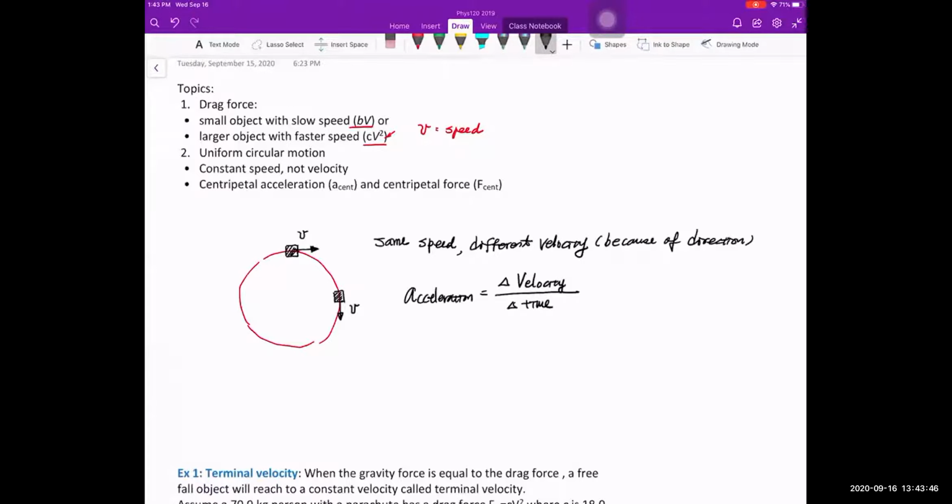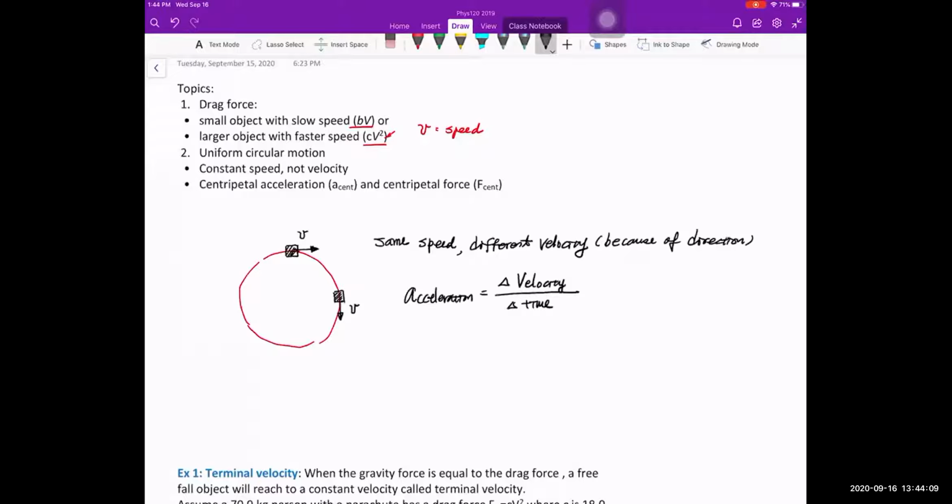So if you have a change of direction, you will create an acceleration. If you have a change of the speed, you will have acceleration as well. If you change both, you're certainly going to have an acceleration. Okay, so that's an important concept about this kind of motion.